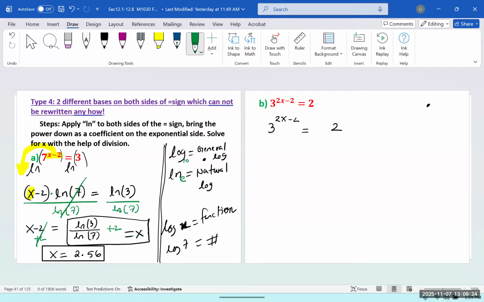So we need to do the ln. To do that, we're going to put the first bracket of 2x minus 2. The 2x minus 2 becomes a coefficient. ln of 3 equals ln of 2. To get rid of the ln of 3, we're going to divide both sides by ln of 3.